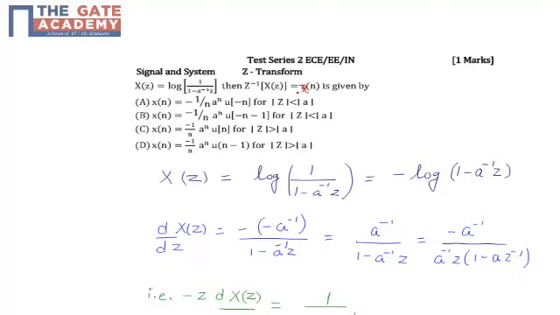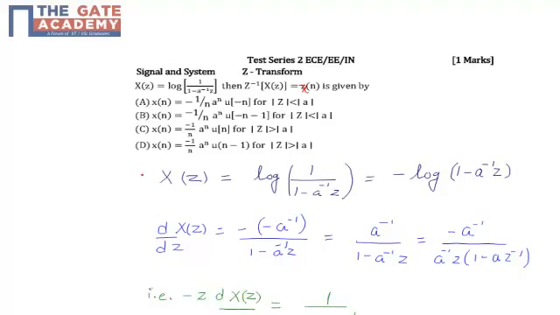Option C is x of n equal to minus 1 by n a raised to n u of n for mod of z greater than mod of a, and option D is x of n equal to minus 1 by n a raised to n u of n minus 1 for mod of z greater than mod of a.